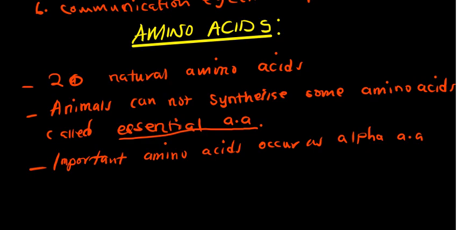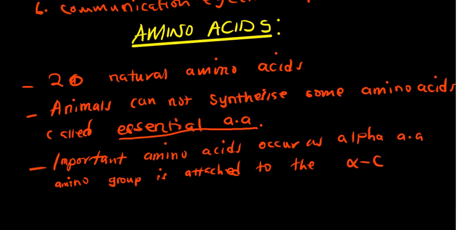So this just means that the amino group is attached to the alpha carbon. And the alpha carbon is that carbon which is attached to four different groups.